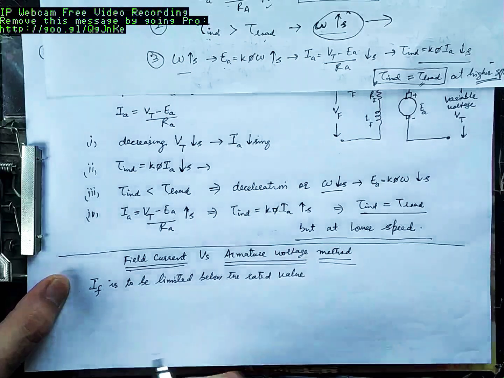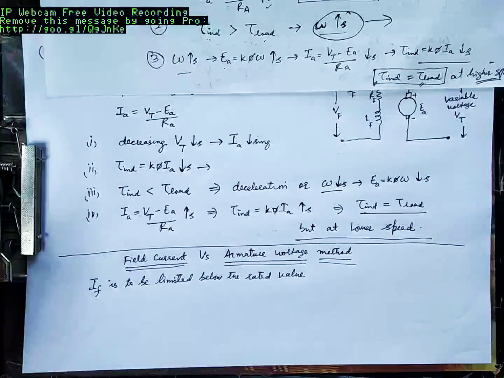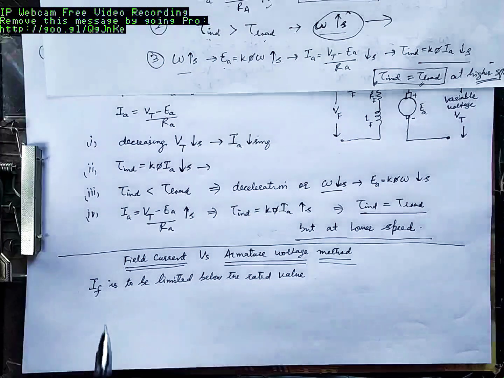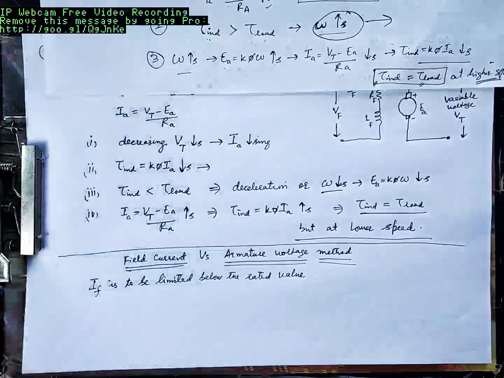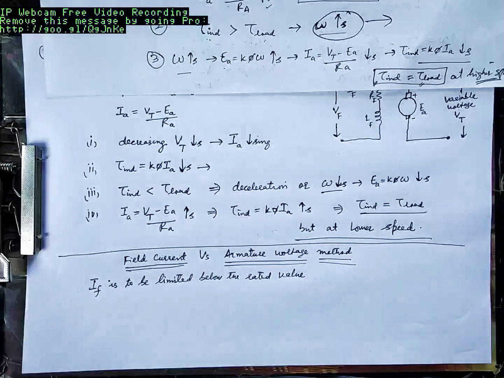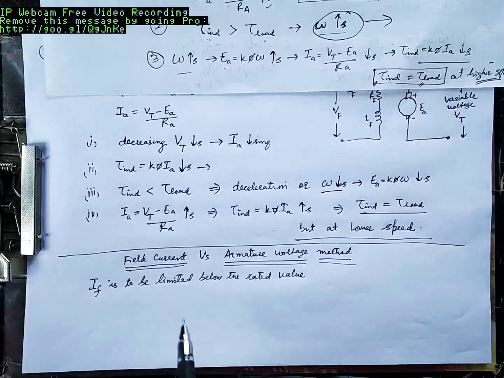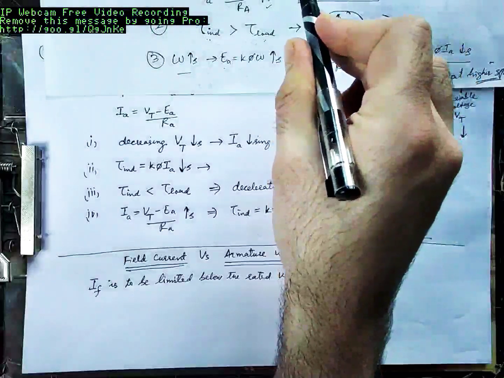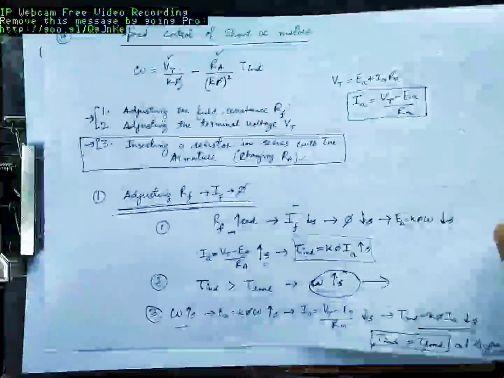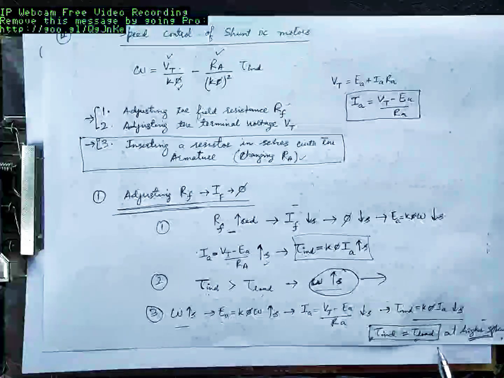You cannot increase field current beyond the rating. There's a rated value of current in the field circuit. You have to limit the current up to the rated value. That means there's an upper limit on this field current. When there is an upper limit on the field current, that means there's a lower limit on the speed.